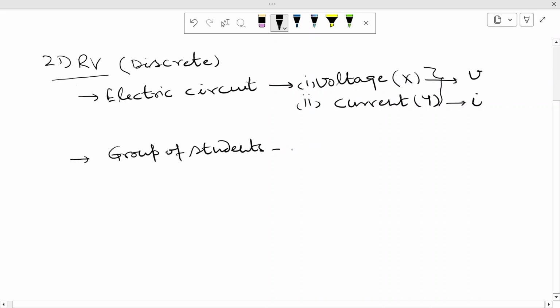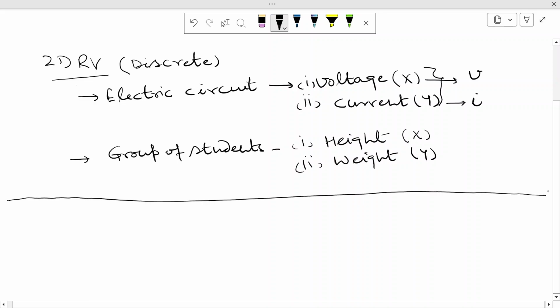But when you are talking about both simultaneously, the height of the students and the weight of the students, again we have two pieces of information. Let us mark these by X and Y respectively. There are many other situations where we have to deal with two pieces of information side by side, so this creates scope for two-dimensional random variables.